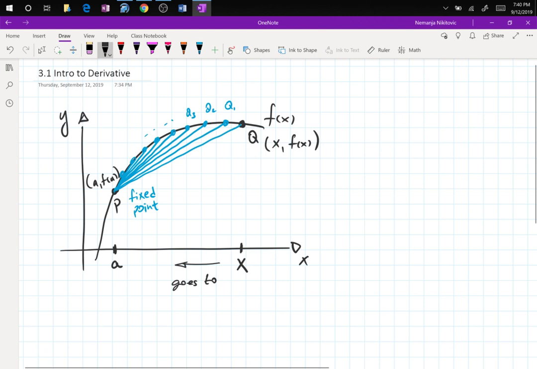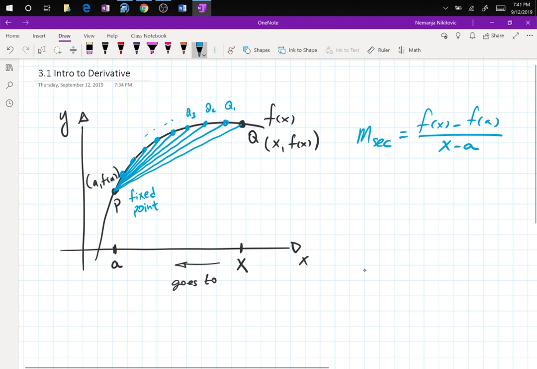And that formula is easy, right? Because you learned that in algebra. So the slope of the secant line is going to be f of x minus f of a divided by x minus a. That's your good old y1 minus y2 divided by x1 minus x2. You know to do this, right? Because that's basic algebra.